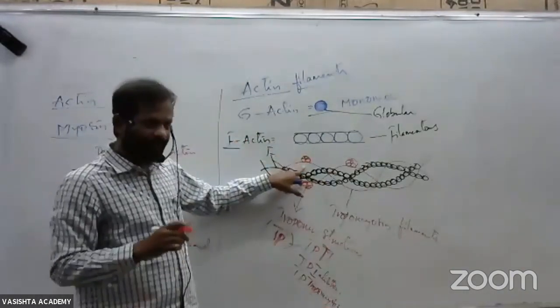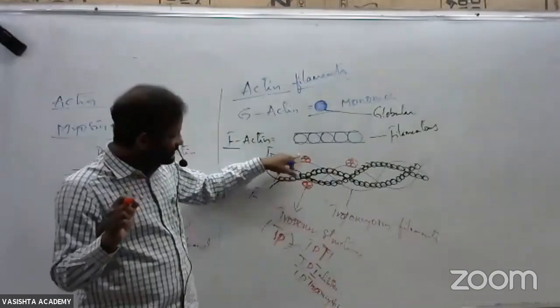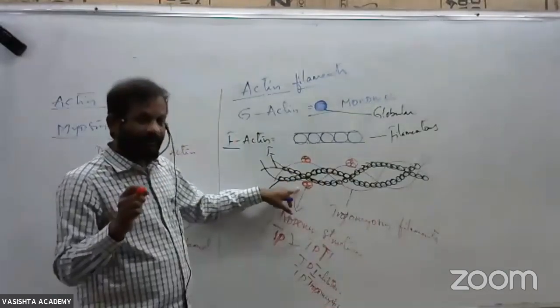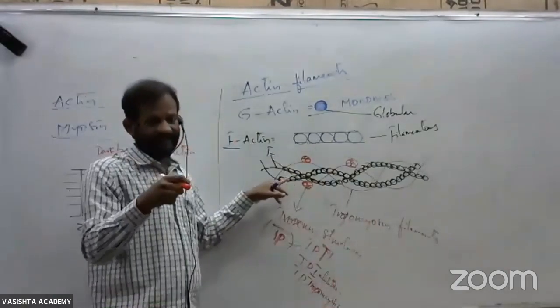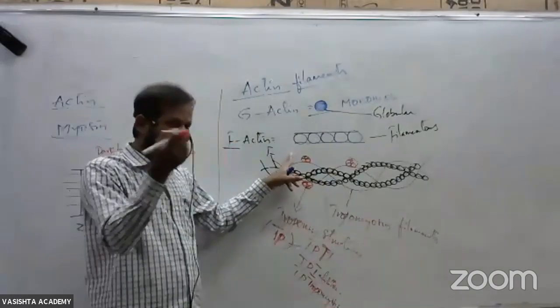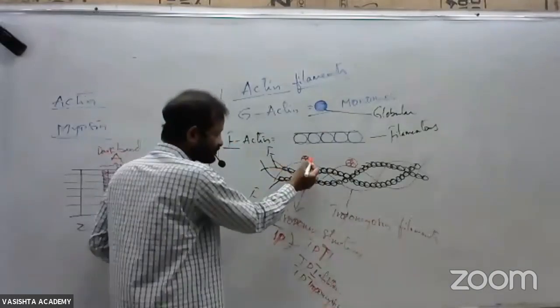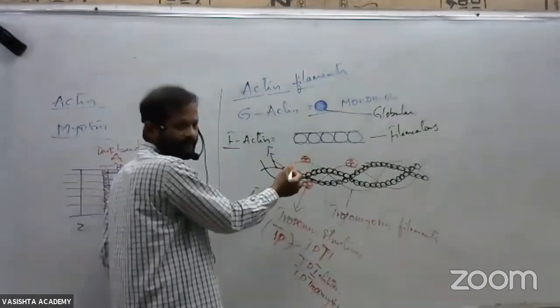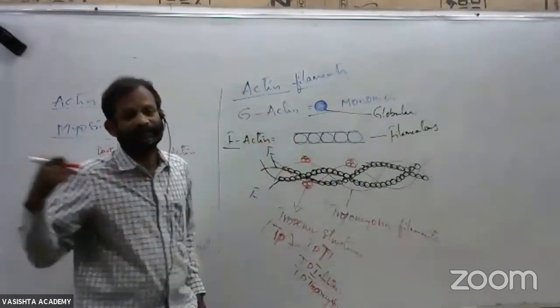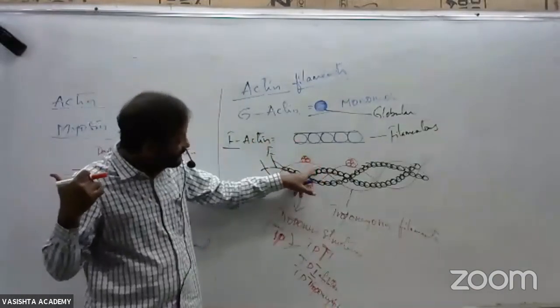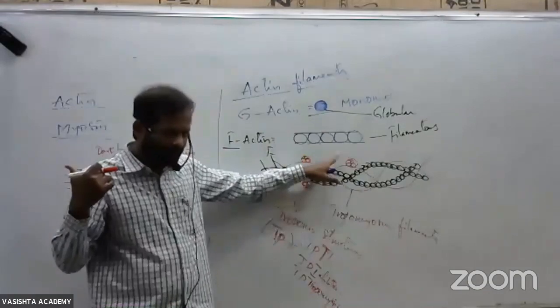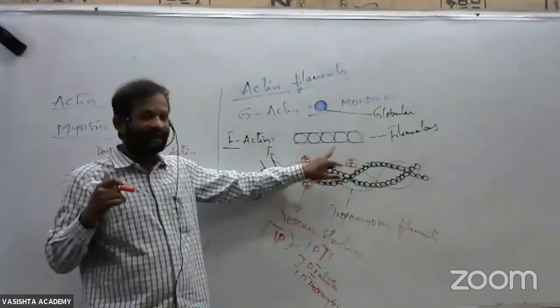Now, if we remove those active sites, in the sense troponin, this filament cannot attach with myosin. In the other areas of the tropomyosin filament, it cannot attach.